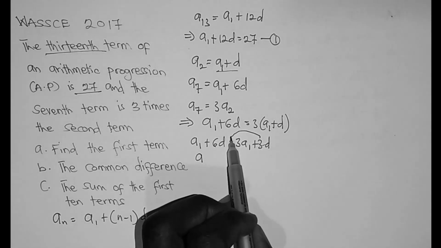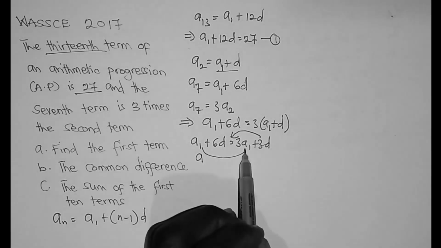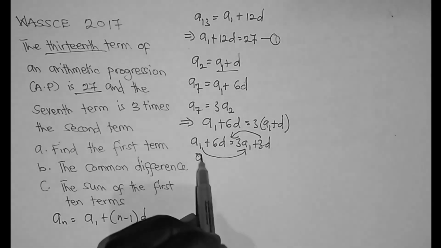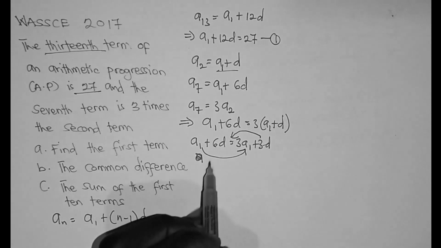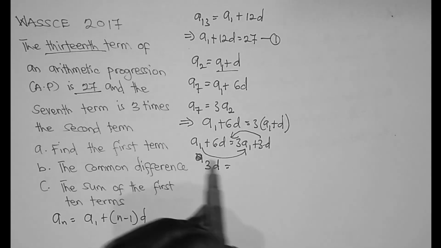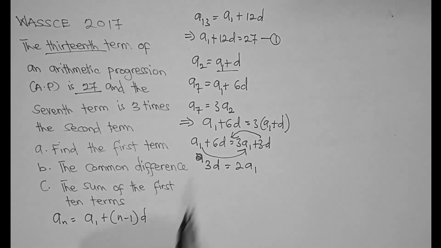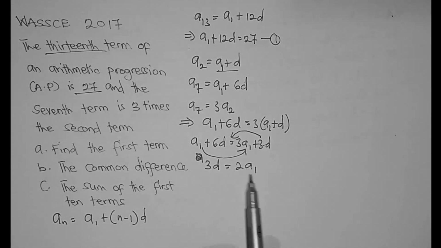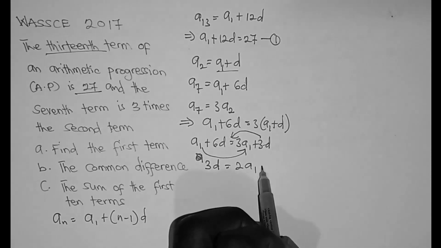I'm taking 3D to this side and bringing A1 to the other side. So 6D minus 3D will give 3D equals 3A1 minus A1, which is 2A1. So 3D is equal to 2A1. This becomes equation 2.